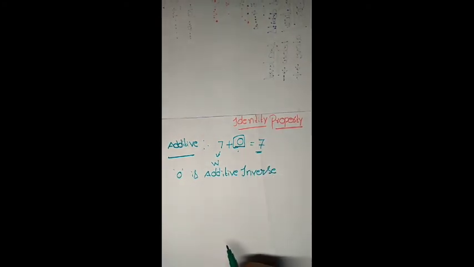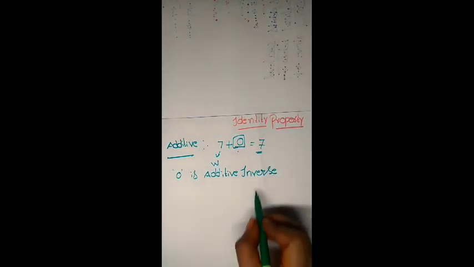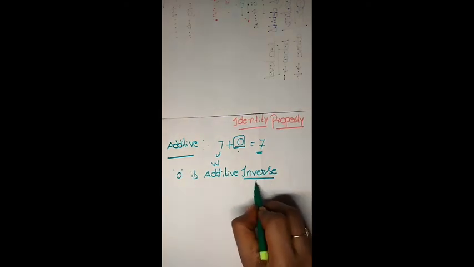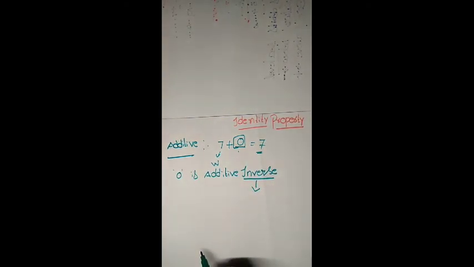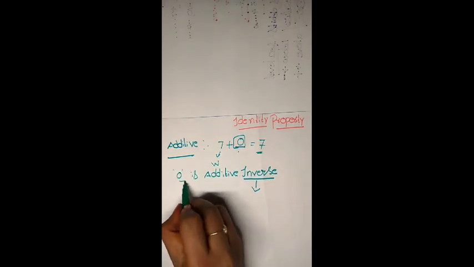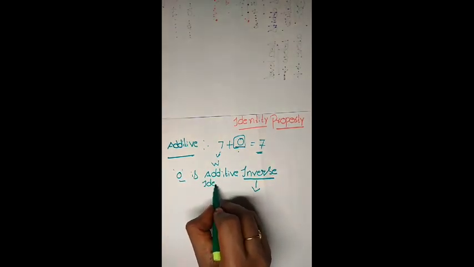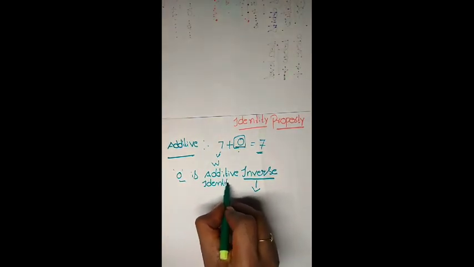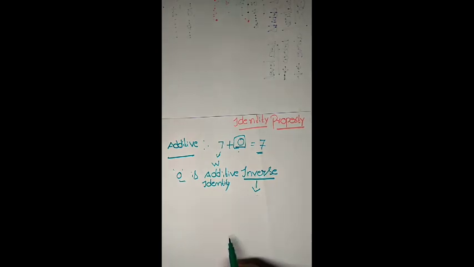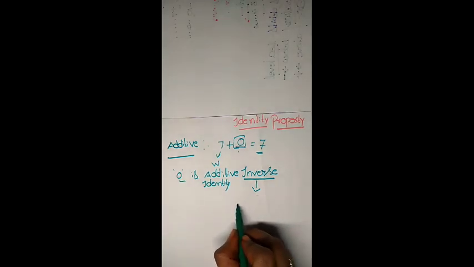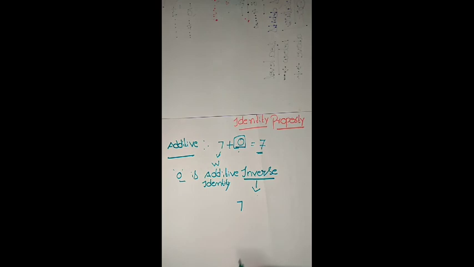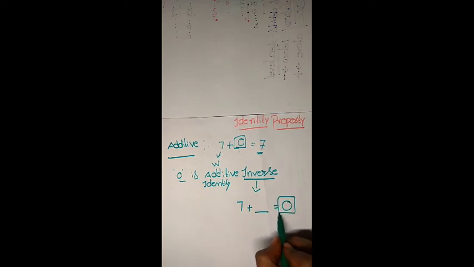Now let us check for the additive inverse. Now we are checking the additive inverse for integers. We know that 0 is the additive identity of whole numbers. There is no additive inverse for whole numbers because there are no negative symbols in our whole numbers.